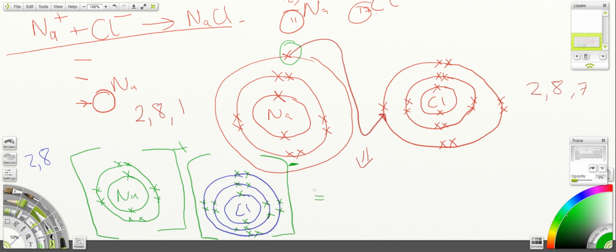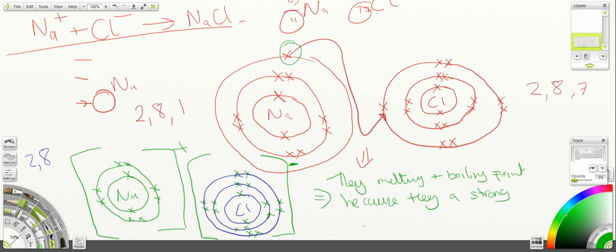So finally, this comes to the properties of ionic bonds, and what we can say is that they have a high melting and boiling point. Because they have a strong electrostatic force of attraction.